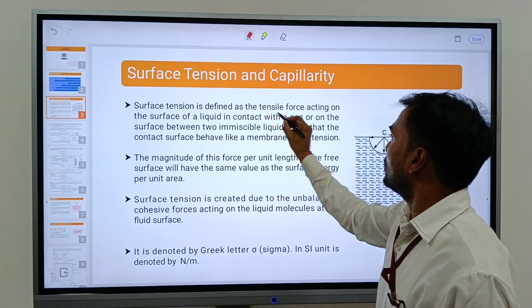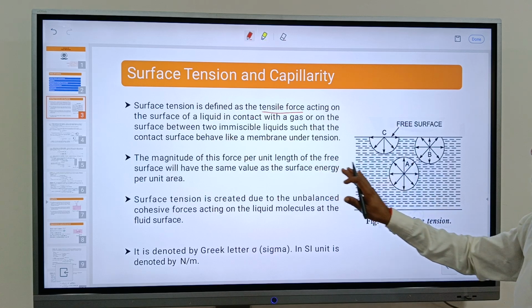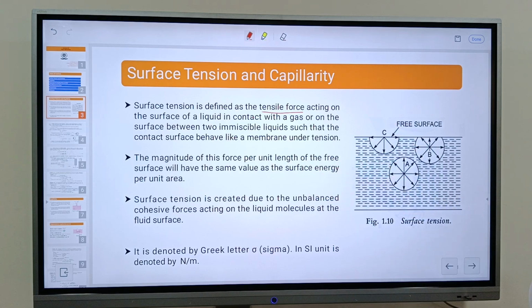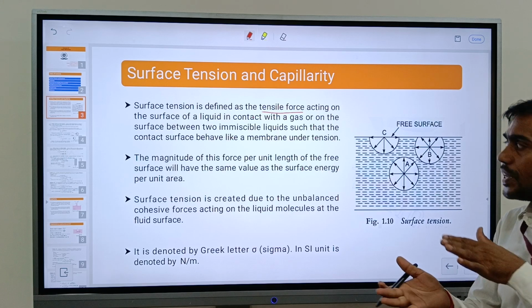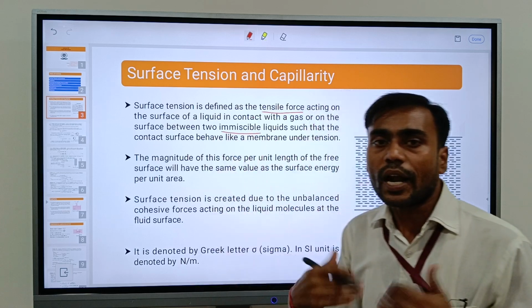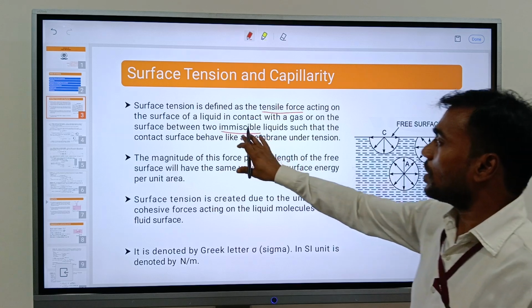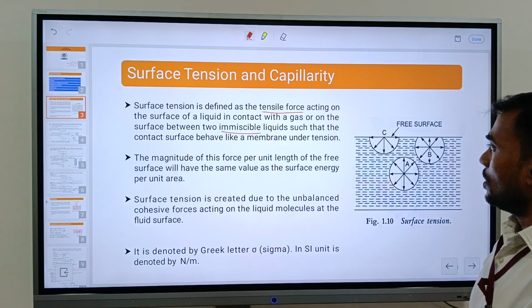Immiscible means which cannot be mixed with each other. That type of liquids are known as immiscible liquids.